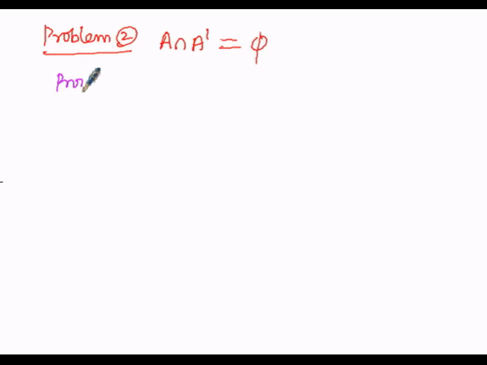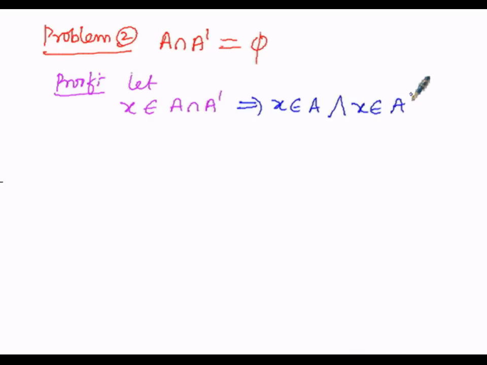So in our proof, let x be an element which belongs to A intersection A dash. Then that implies x belongs to A and x belongs to A dash.